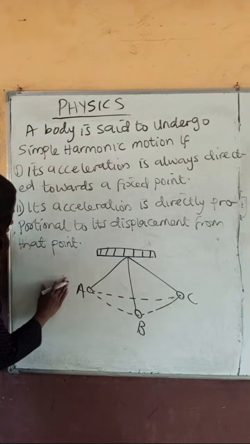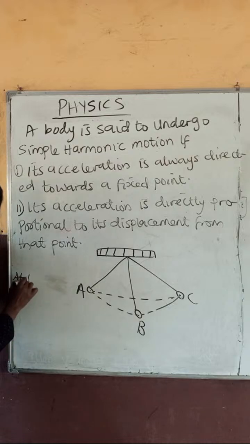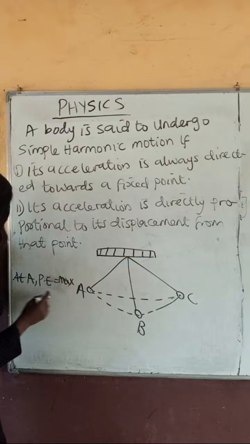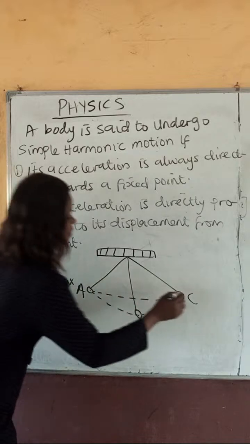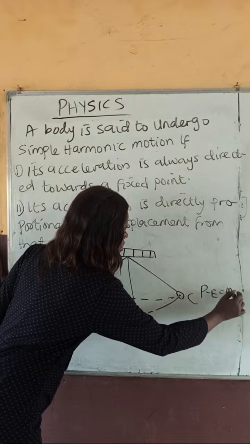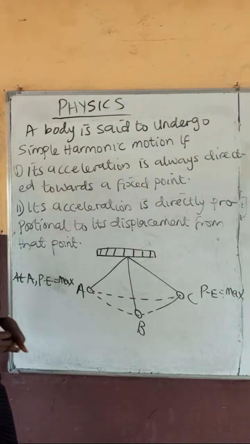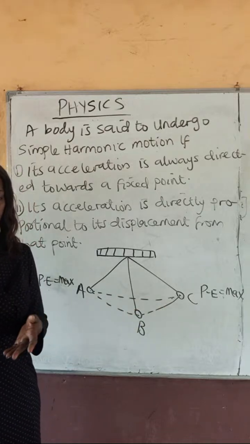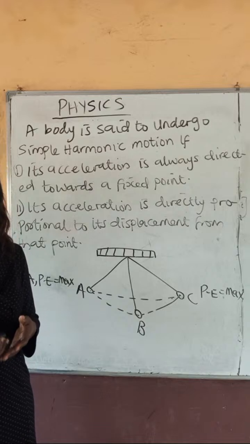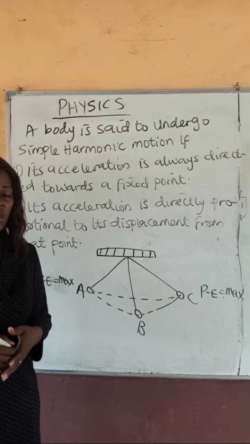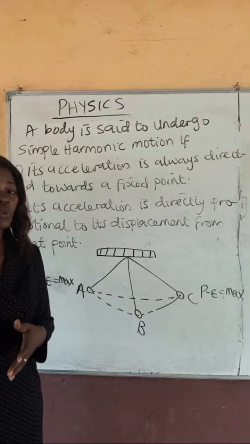Let me just say, at A, PE is equal to maximum, at A and C. PE equals maximum, because potential energy is energy at a point, or energy at rest. When a body is at rest or at a particular position, the energy the body possesses at that time is said to be potential energy.